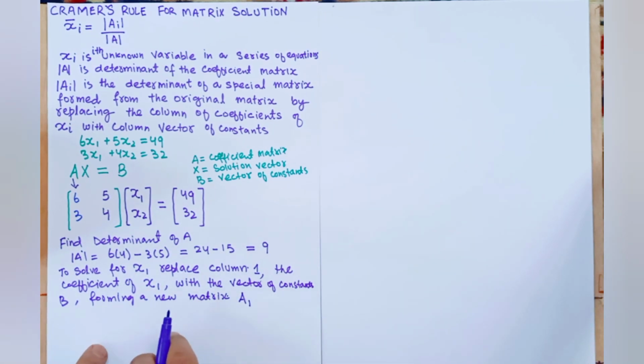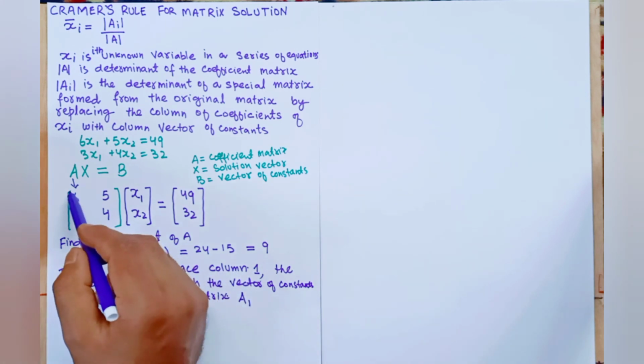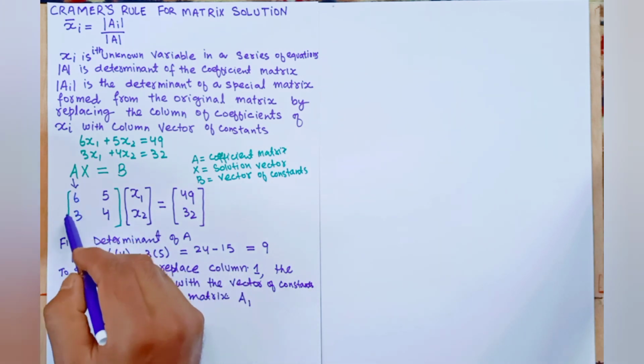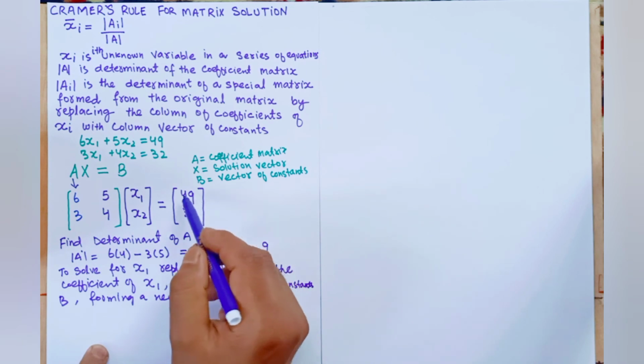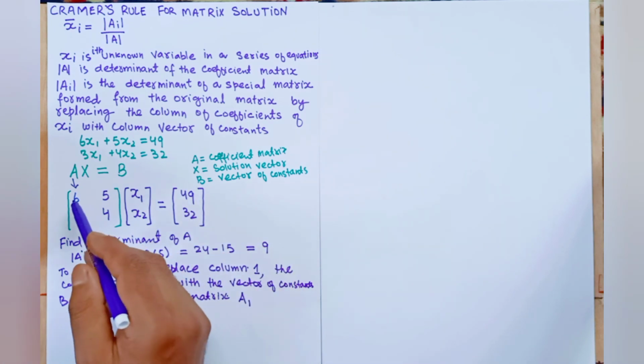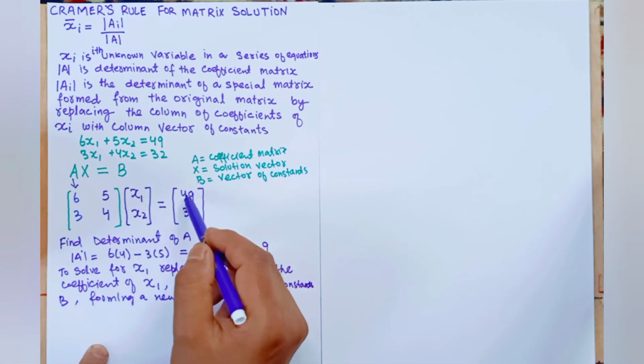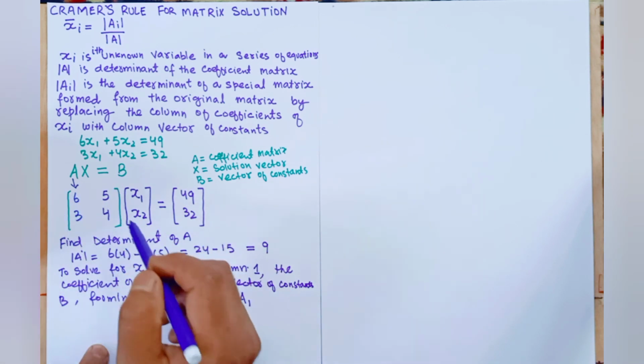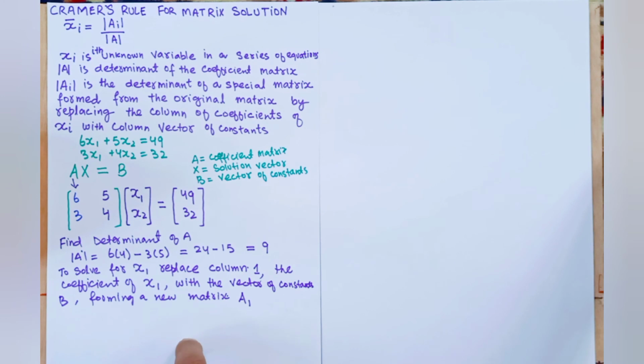We replace this column with this column. So in place of 6 and 3, we write 49 and 32 and form this new matrix and name it A1.